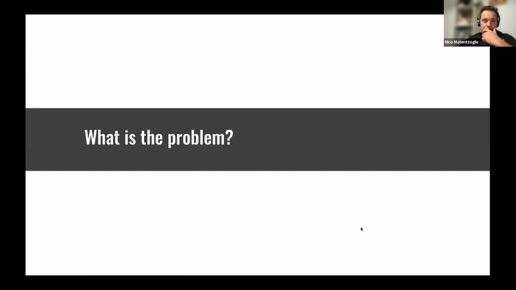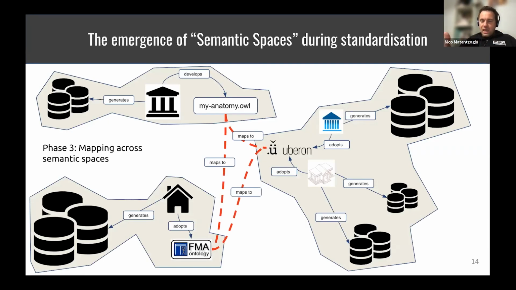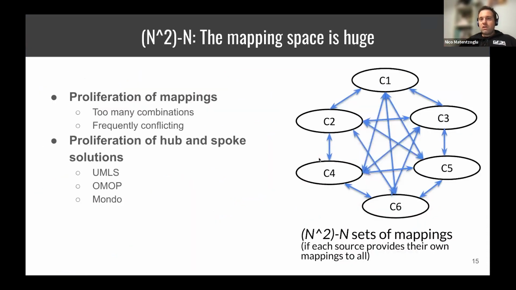So what's the problem? We have different spaces. This is not restricted to anatomy. Obviously, you can imagine there are many different places in the world that are using different disease ontologies, different gene identifier schemes and whatnot, and all of these form different semantic spaces, and they need to be linked to each other.